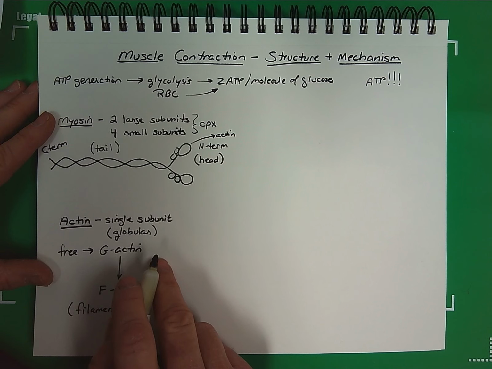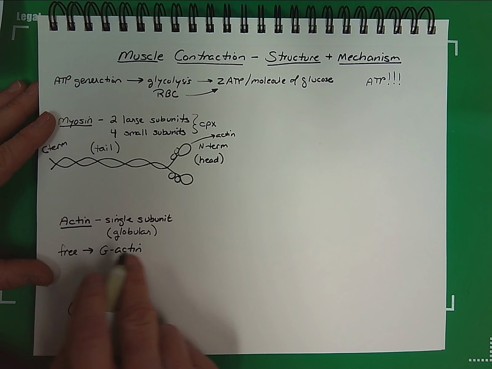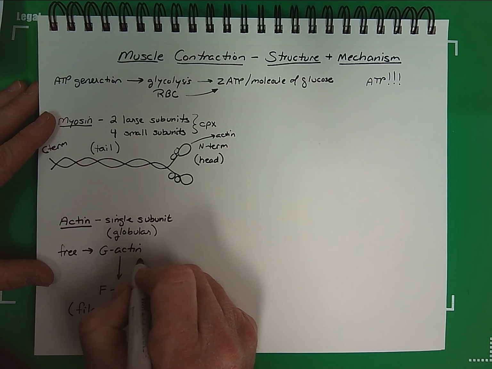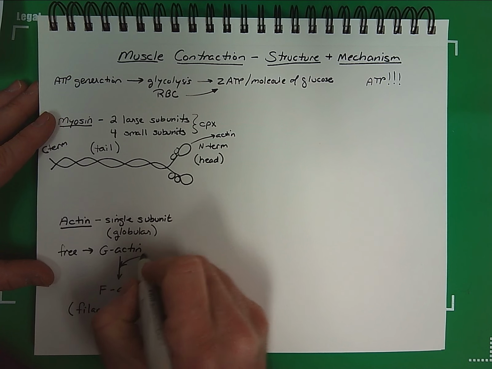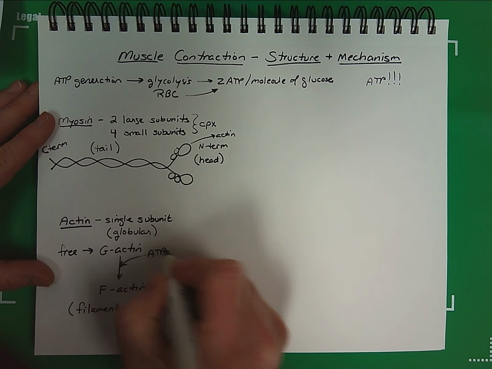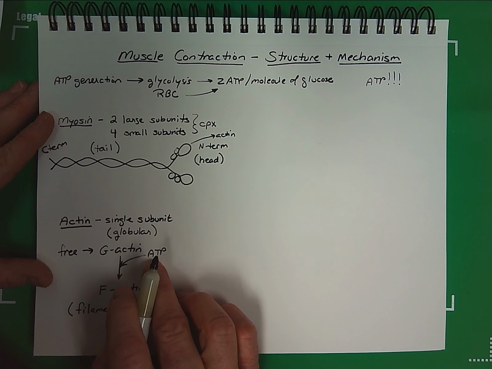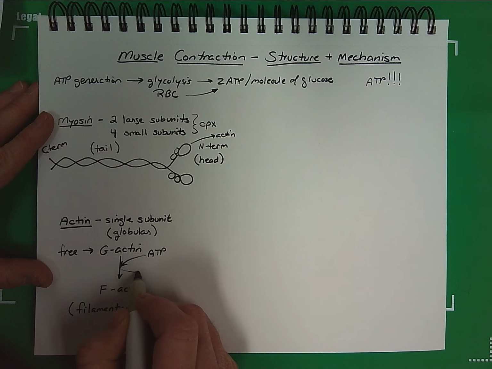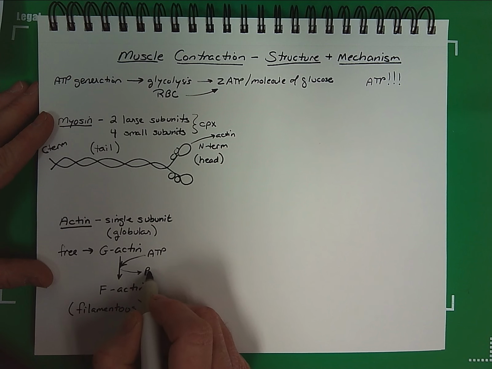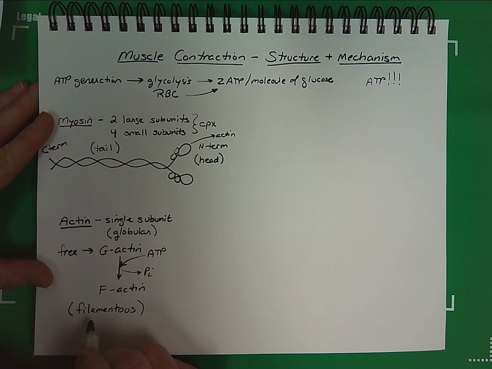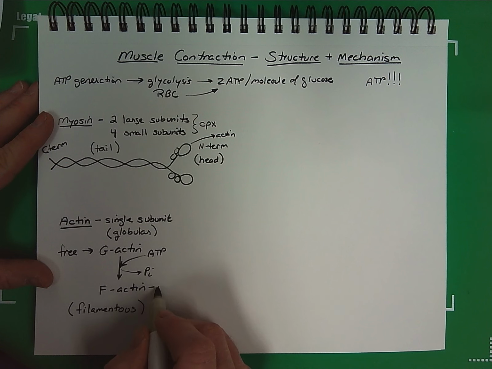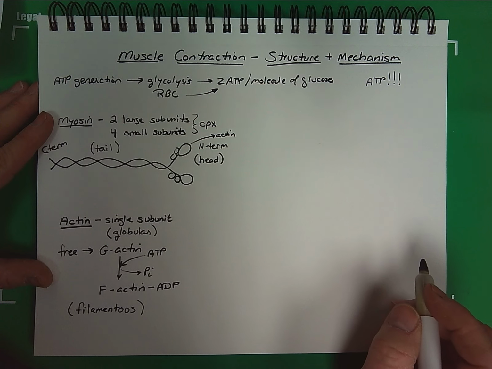Now, in this process, the G-actin itself will bind ATP. So here's one of our first steps of using ATP in muscle, is just establishing the contractile element. So G-actin binds ATP. The ATP is hydrolyzed, releasing the inorganic phosphate. The F-actin maintains the binding to the ADP.